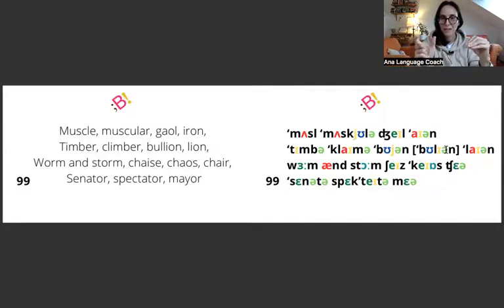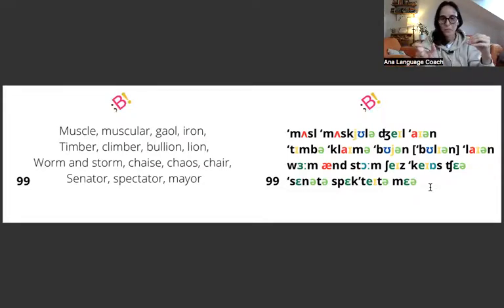Climb, climb, buoyant, buoyant. That also you can find in the transcription instead of the J, we can also replace it with the E, as I told you before. Then we have also lion, lion.